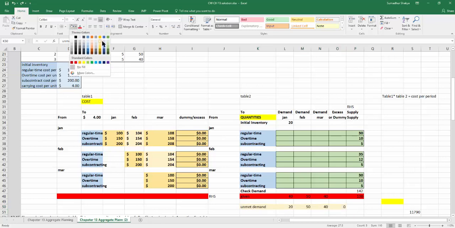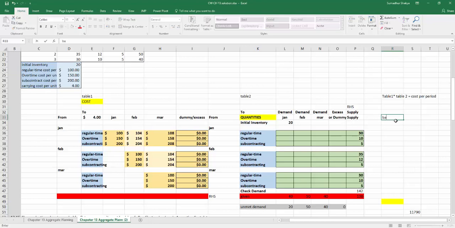I'm going to call this basically a rough, it's not required, but it helps us calculate balance supply, let's call it, such that I would say equals to the given supply minus the sum of all the other allocations in that row.